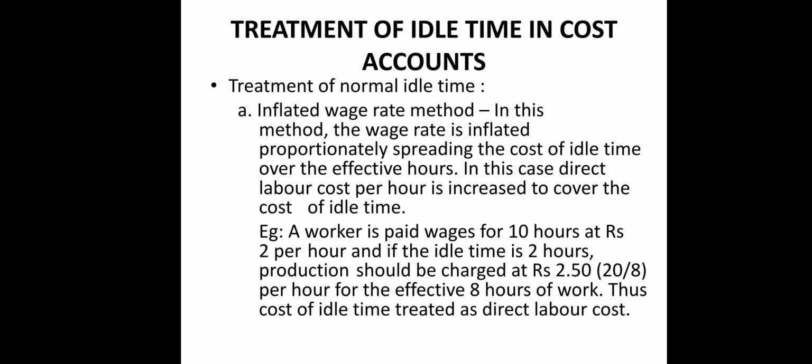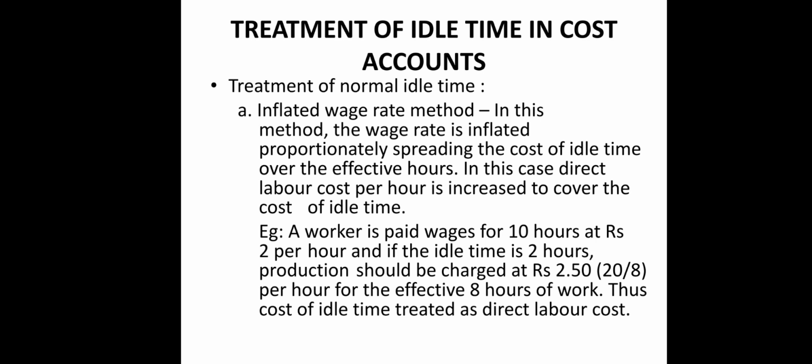So now the effective wage rate will be 2.50, and this 0.50 is actually inflated in order to include the cost of idle time with the effective hours. Okay. So thus the cost of idle time is treated as direct labor cost. So in this method, the cost of idle time will be treated as direct labor cost.